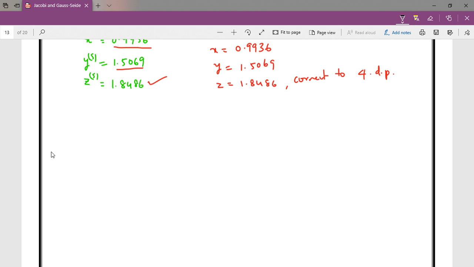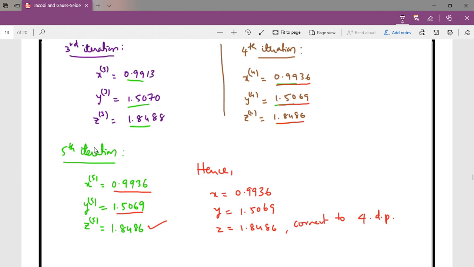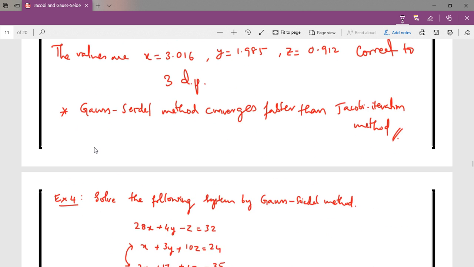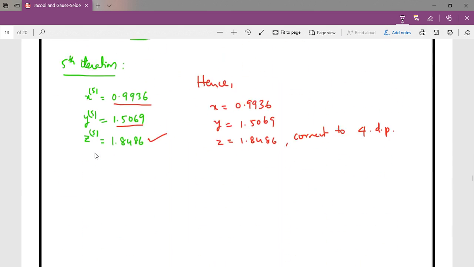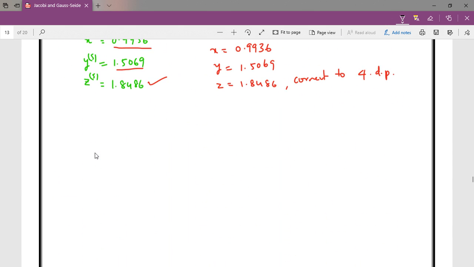Okay, so take example number 5. This is example number 4, so example 5. This one we shall solve by both the methods.